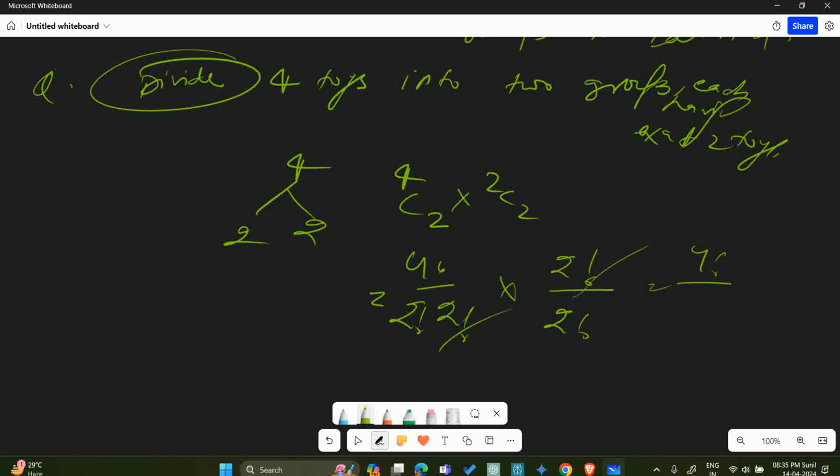Like 4 factorial upon 2 factorial, 2 factorial, and like this, 4 into 3. These are repeating, so we have to put 2 factorial.